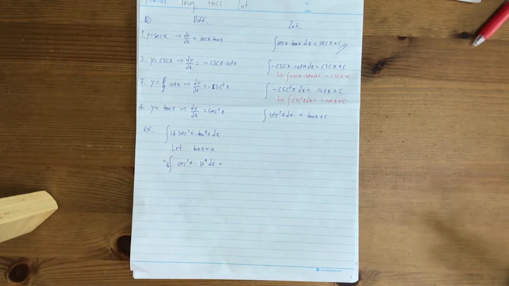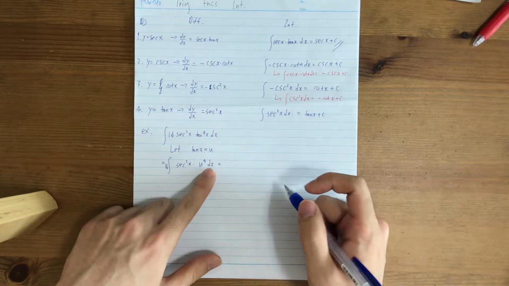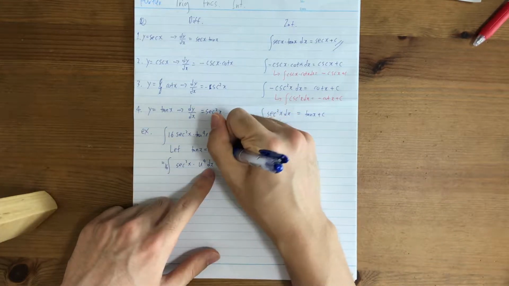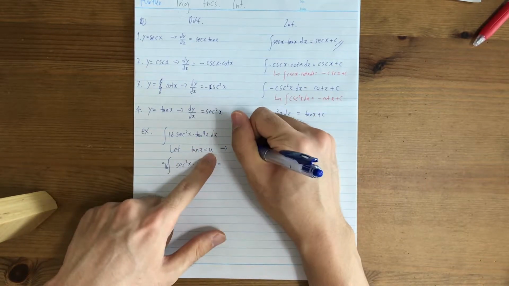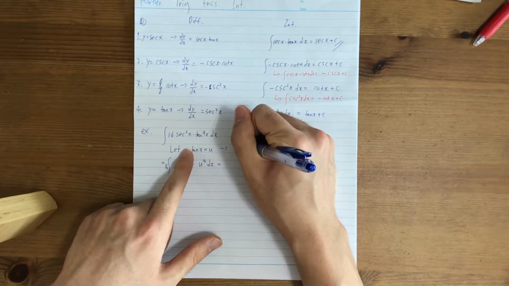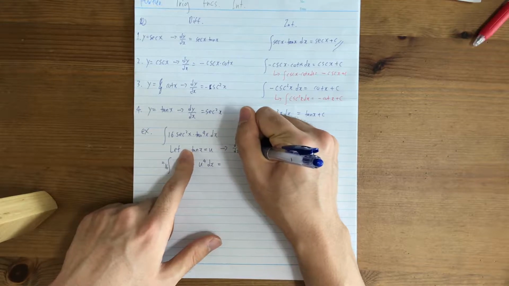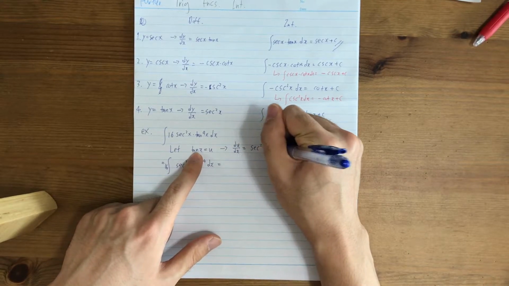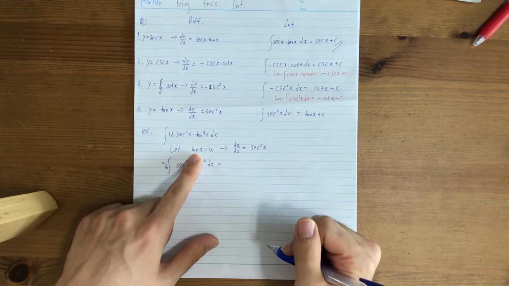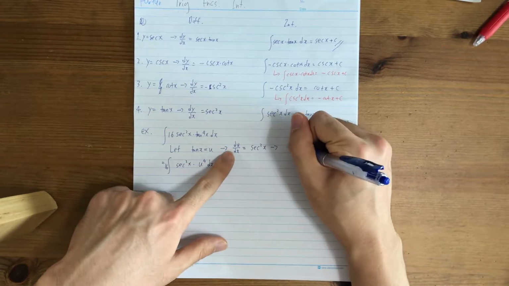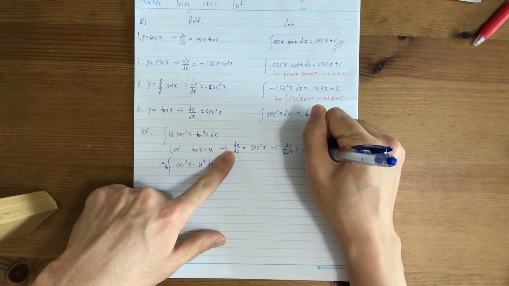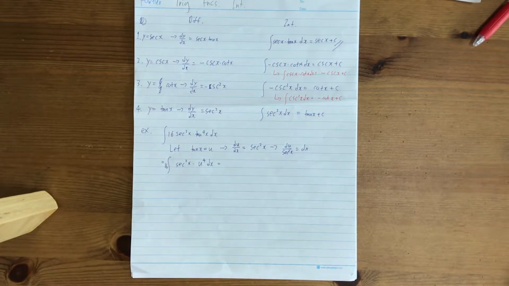So first, let's change dx in terms of du. u equals tangent x, that means du over dx, which means we differentiate u in terms of x, we have secant squared x. Further rearranging this, du over secant squared equals dx, right?